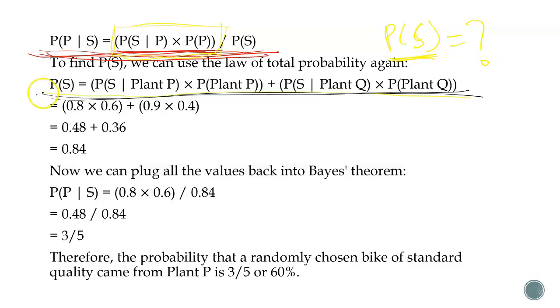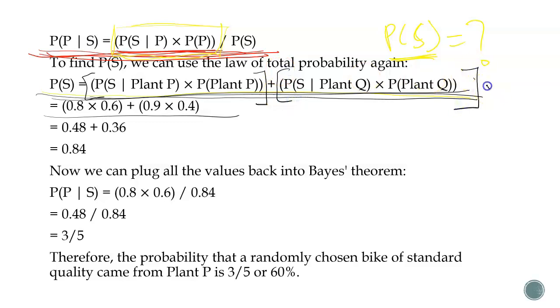In doing that, we use this one to find this. In order to understand this, you would have to watch the previous video and you'll be able to get how we arrived at this. So you key in the values you had in the question, then you arrive at this.